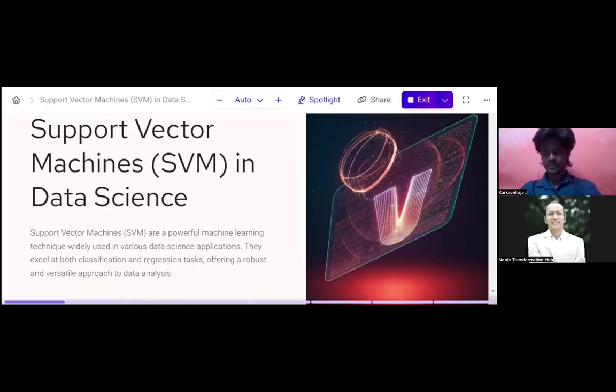It is robust and versatile for data analysis because it can perform on different vectors, on different scales. It is not a linear kind of thing. It will work on different positions, with different dimensions. That is what makes it powerful.